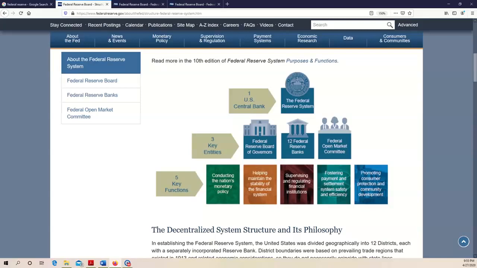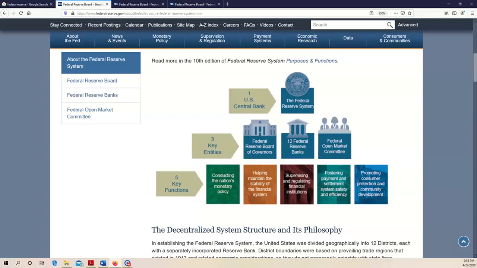Let me give a very simple example. If the Federal Reserve, the central bank, wants to print, let's say, $5 billion more and dump those $5 billion into the economy, that decision must be made by the Federal Open Market Committee. So this committee is very important.